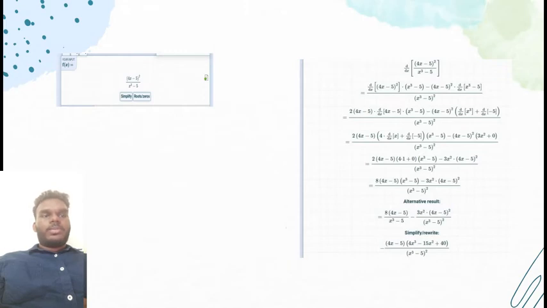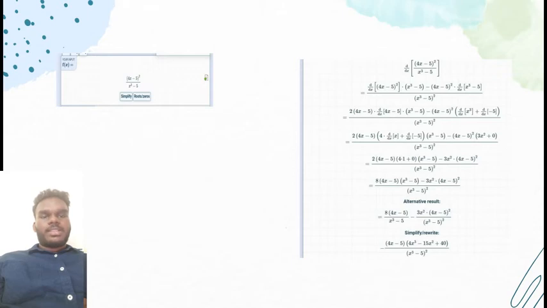x power of 2 plus 0) divided by (x power of 3 minus 5) power of 2. The next step is 2(4x minus 5)(4 times 1 plus 0)(x power of 3 minus 5) minus 3x power of 2 times (4x minus 5) power of 2 divided by (x power of 3 minus 5) power of 3.